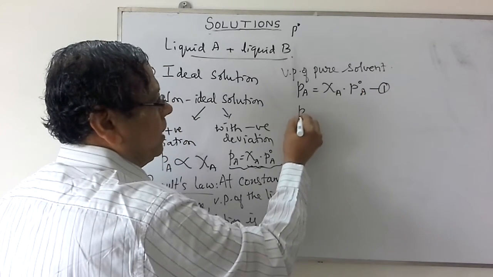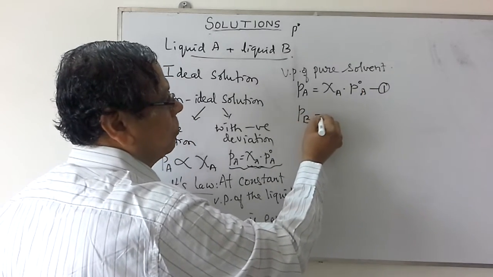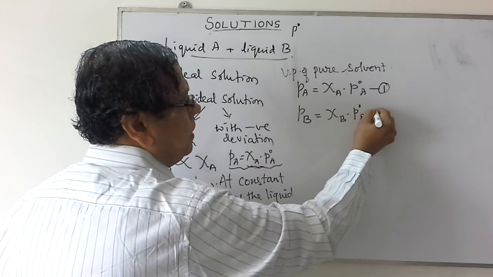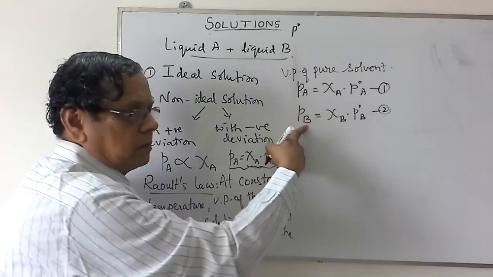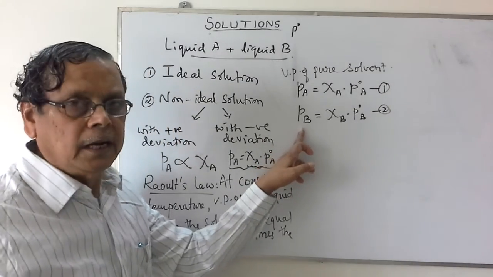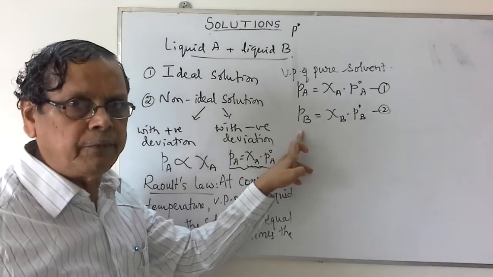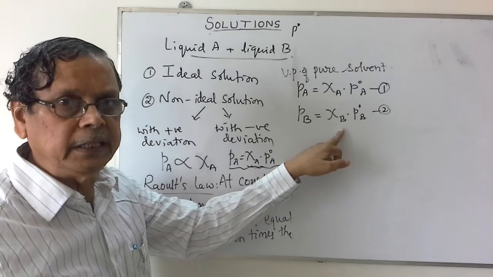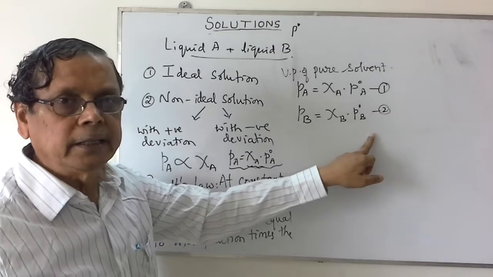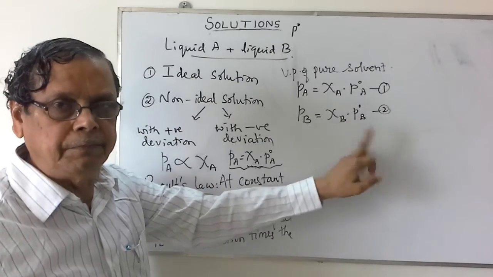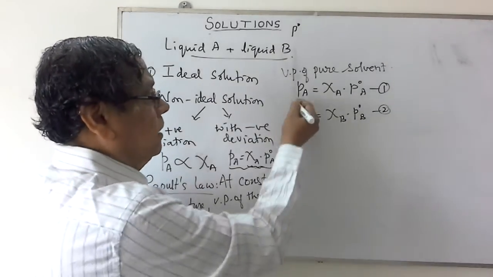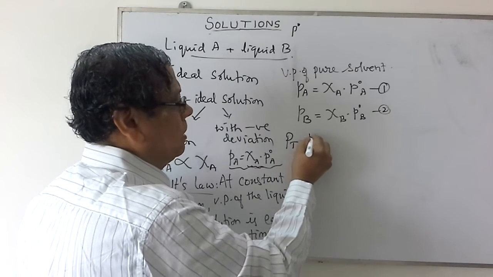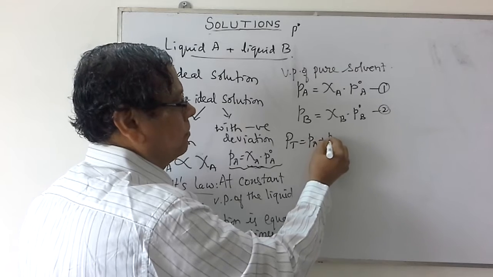In a similar way, we can write PB is equal to chi B into P0 B. That is, the vapor pressure of this component B, or partial pressure of the component B above the solution, is equal to the mole fraction of that component B in the solution multiplied by the vapor pressure of the pure solvent B. Then we have the total vapor pressure, P total, is equal to PA plus PB.